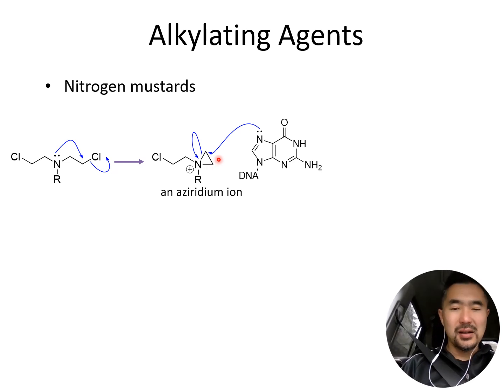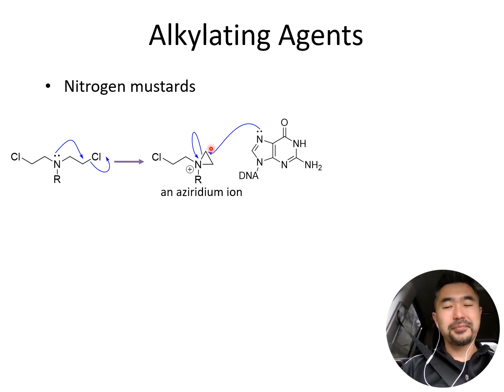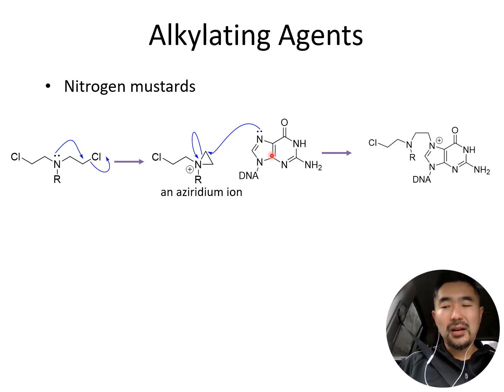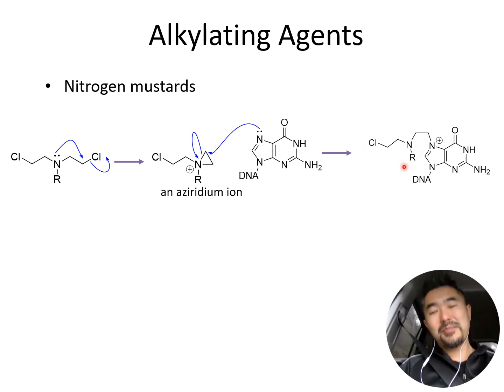It's charged and susceptible to ring opening again by another nitrogenous nucleophile, like the basic nitrogens in the nucleobases within DNA. And once that happens, of course, the DNA can get alkylated like shown here. And at this point, maybe you could tell where we're going with this.